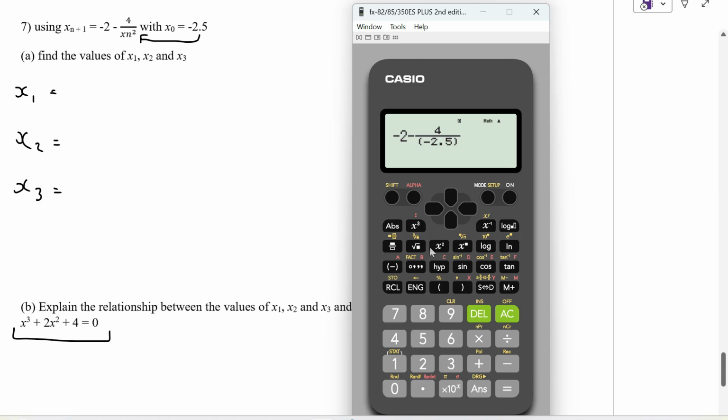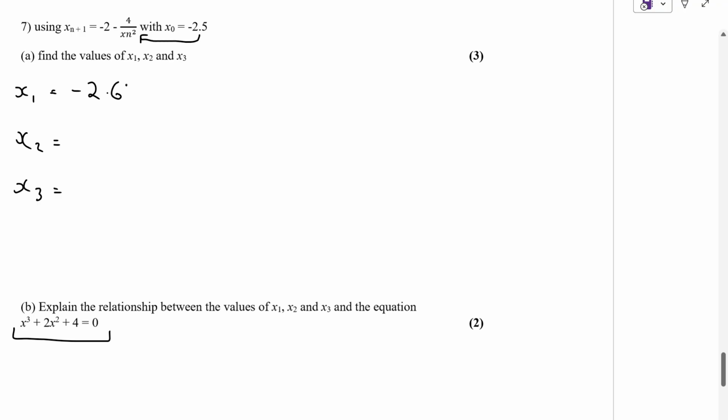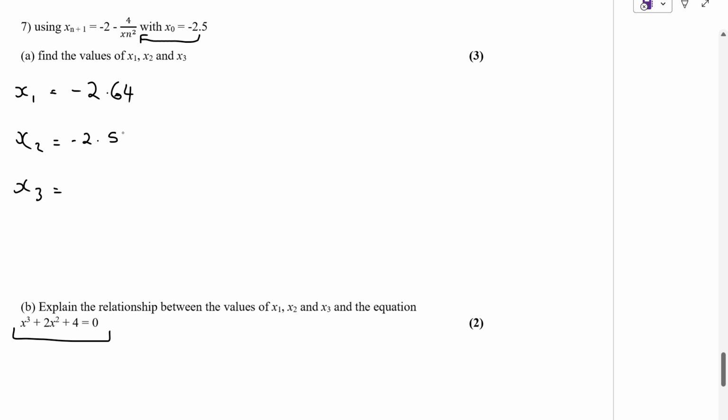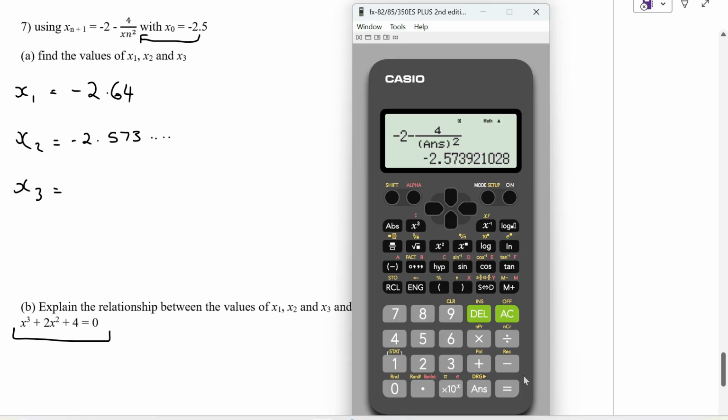Minus 2.5 squared. So x1 is minus 2.64. For x2, we're going to replace this value in the brackets with answer. And we're going to press equals again for x3.